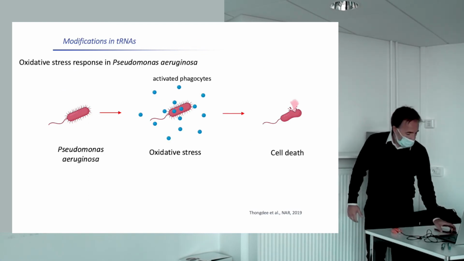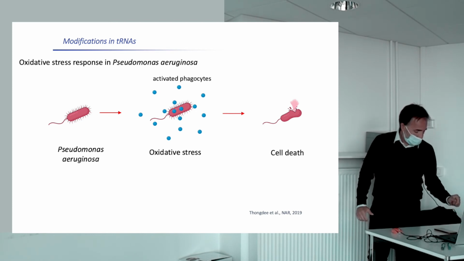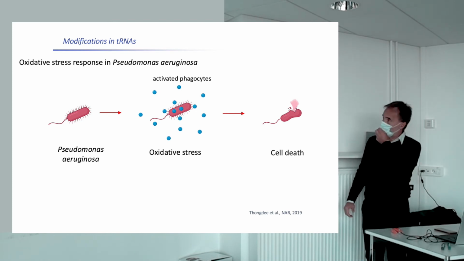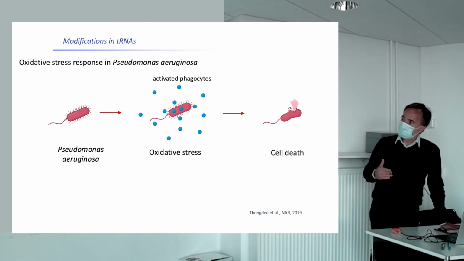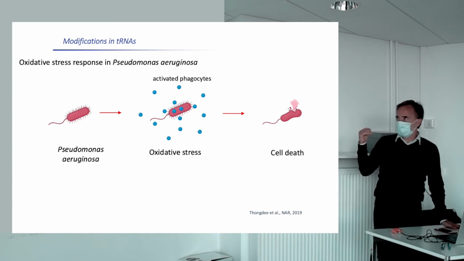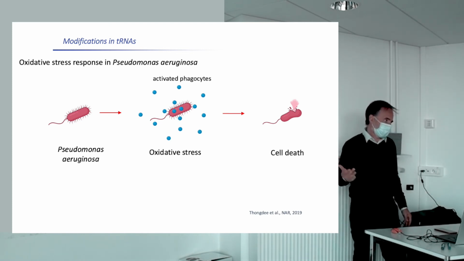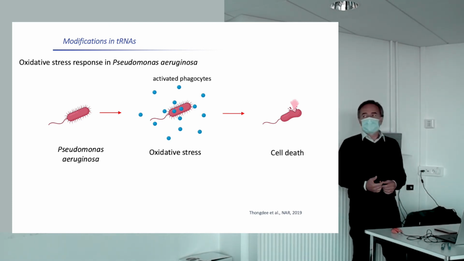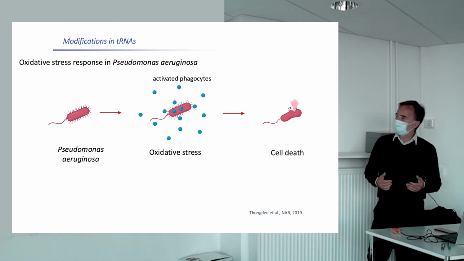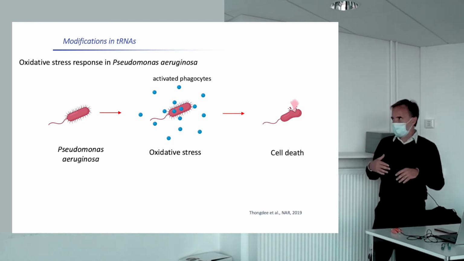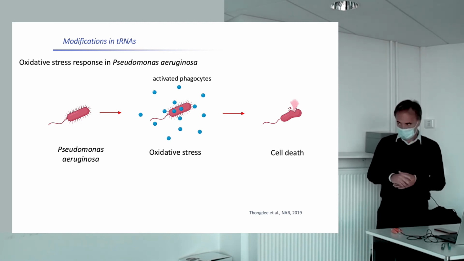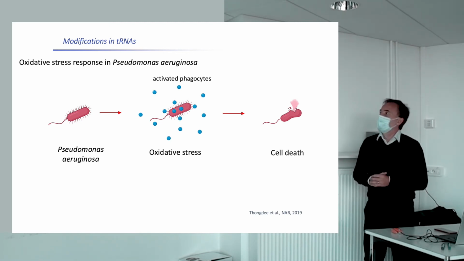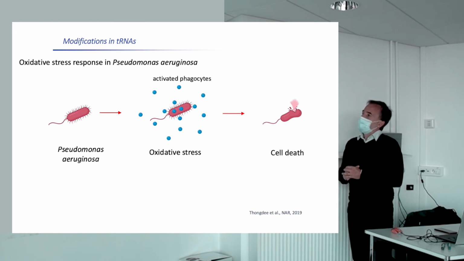So now I will briefly give you other examples of modifications in the tRNA that occur in specific stress conditions. In this case, we have Pseudomonas aeruginosa. There is another pathogenic bacterium, Mycobacterium tuberculosis. It can be internalized by macrophages and in general by phagocytes.